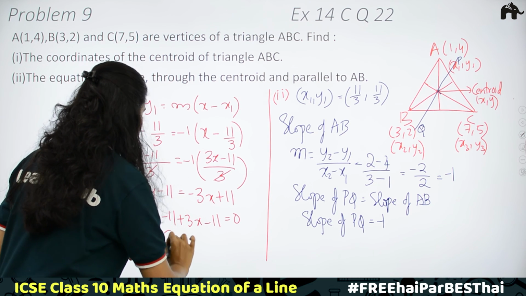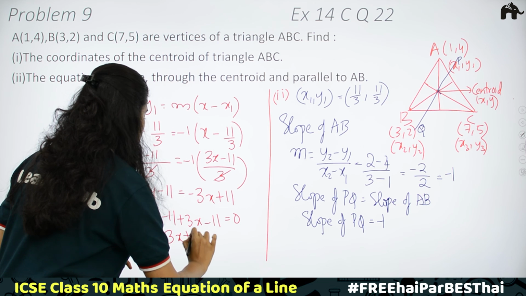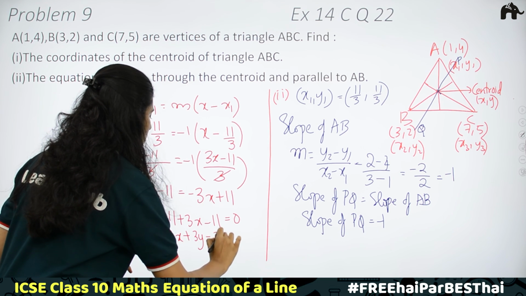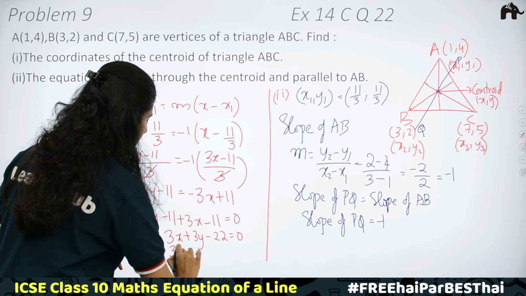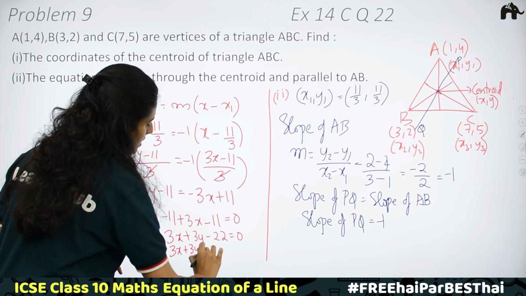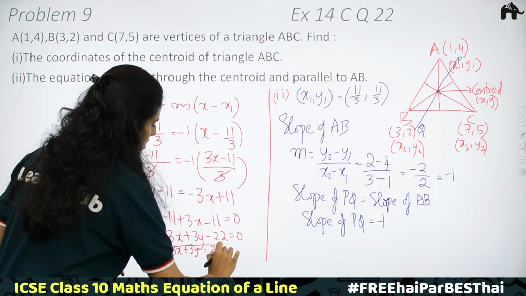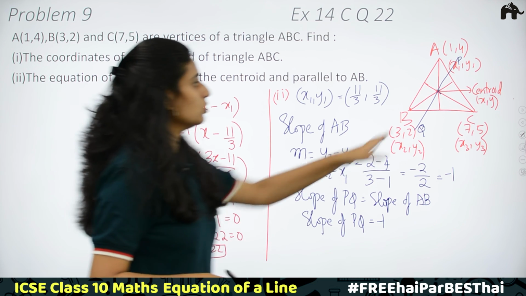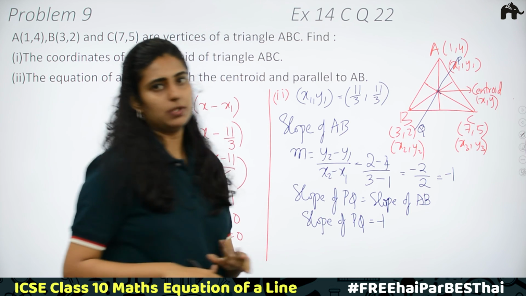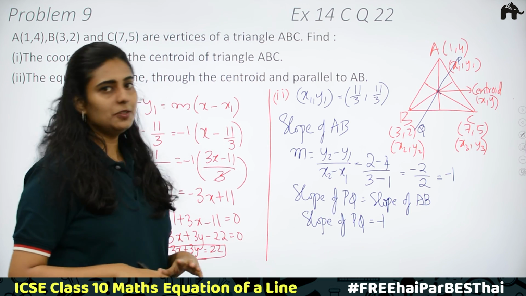That is 3x plus 3y minus 22 is equal to 0, or you can write this as 3x plus 3y is equal to 22, which is the required equation of the line which passes through the centroid and is parallel to AB. Clear? That's all for today.